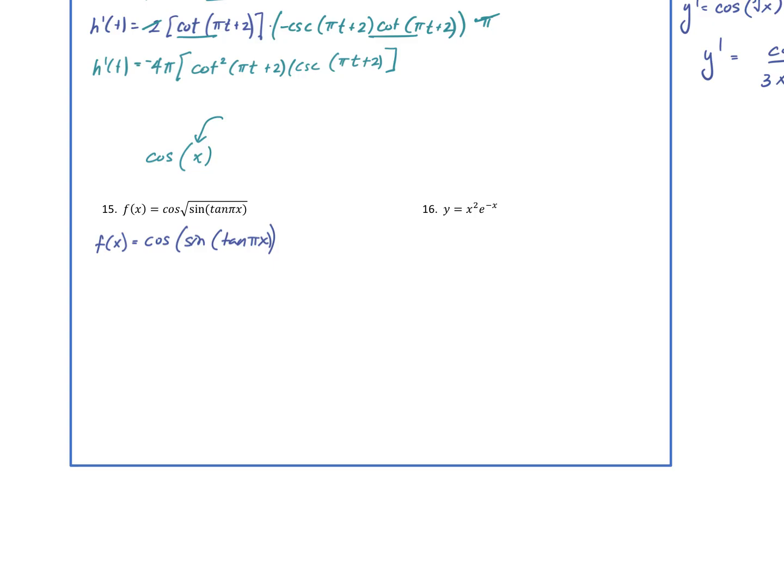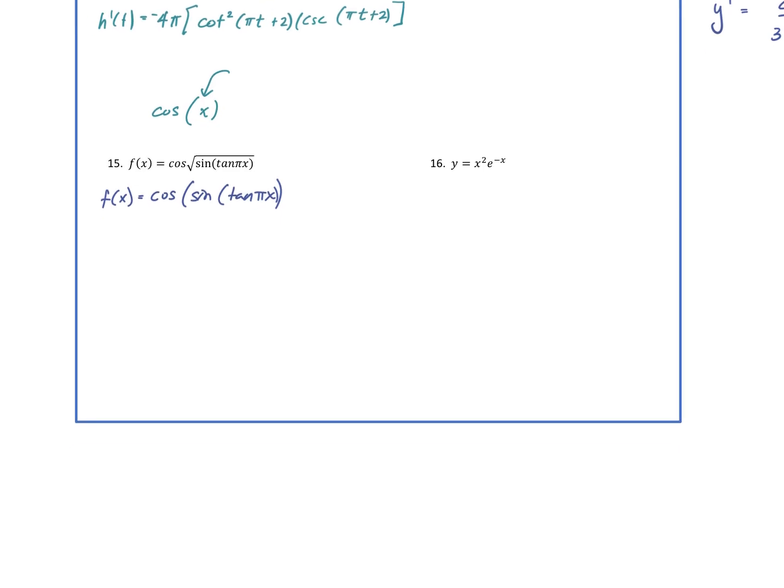You're going to start with the outer function. The outer function is cosine. It's negative sine of all of that, sine of tan of pi x. All I did was this, which is the outer function of the inside. Then I start working the inside. Then I'm going to times it by the derivative of the inside, which is here.